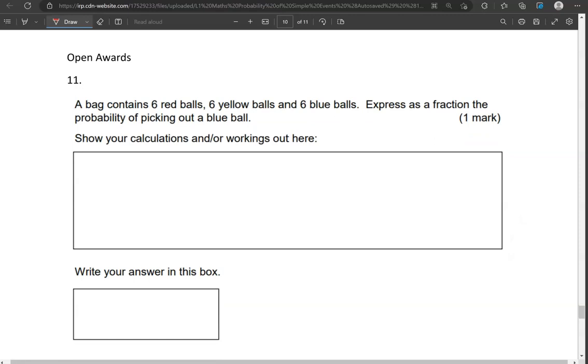A bag contains 6 red balls, 6 yellow balls, and 6 blue balls. Express as a fraction the probability of picking out a blue ball. Show your calculations and the workings out here. Write your answer in the box below. So, blue balls, it's 6 of them out of the total, which is 6 and 6 and 6.